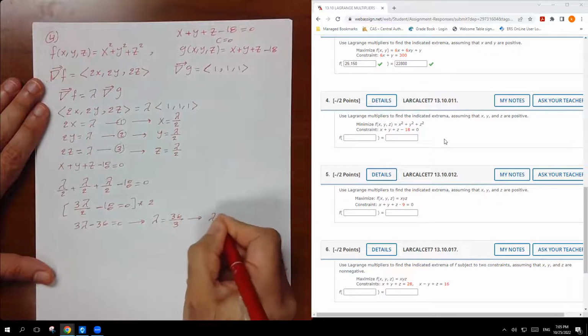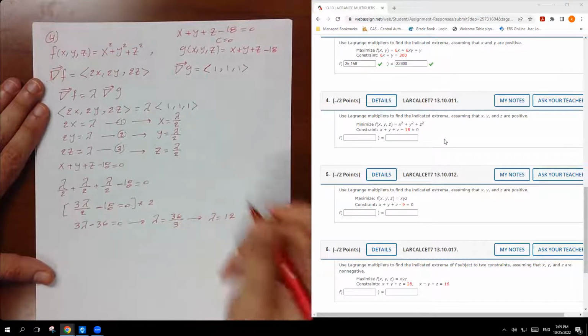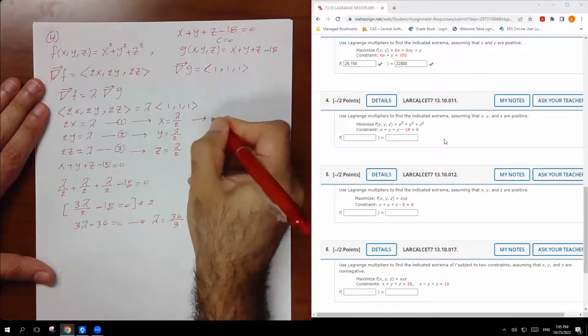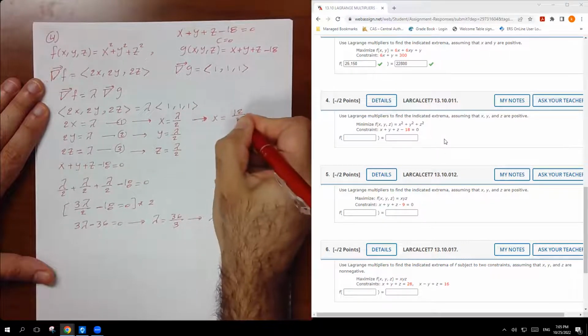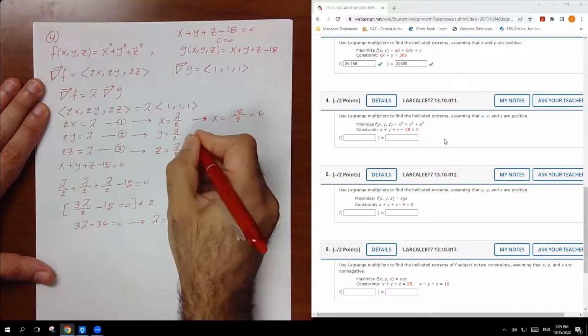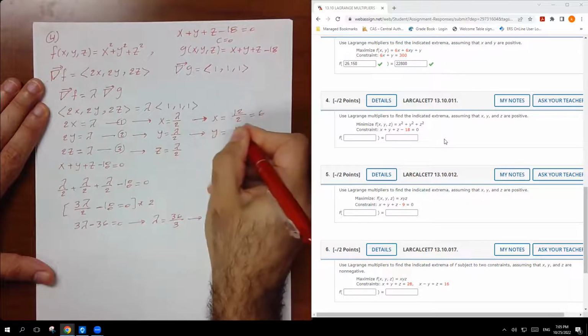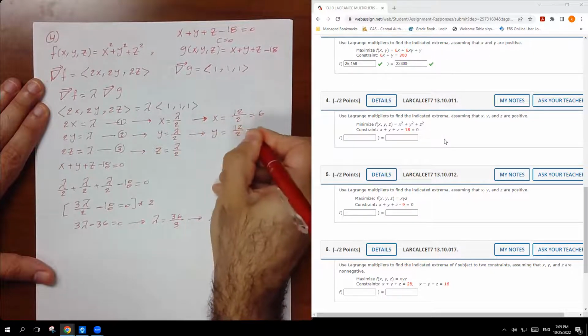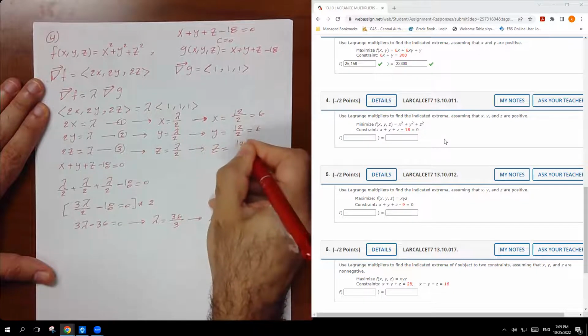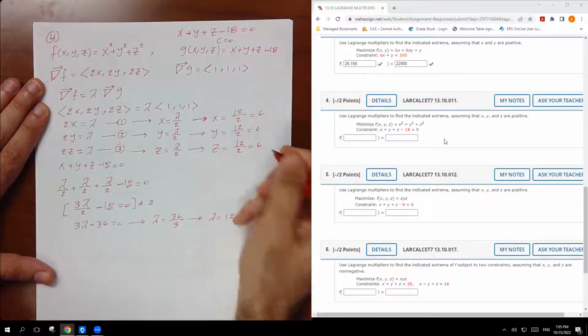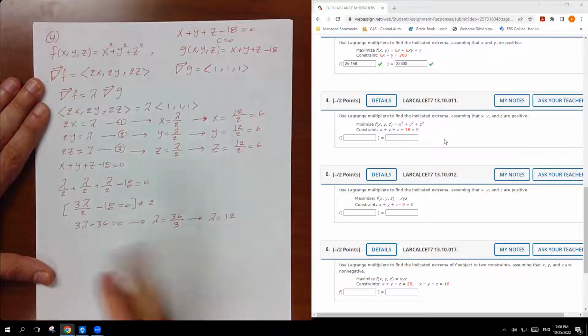That means lambda is equal to 12. So we're going to go back here. x is going to be 12 over 2, which is 6. y is going to be 12 over 2, which is 6. And z equals 12 over 2, which is also 6. So we found x, y, z.